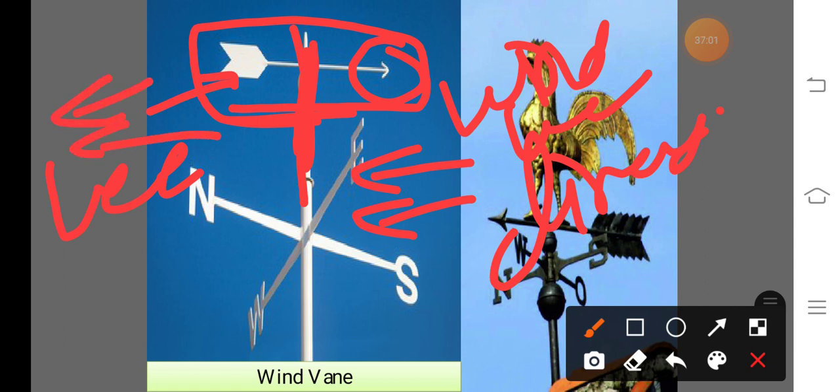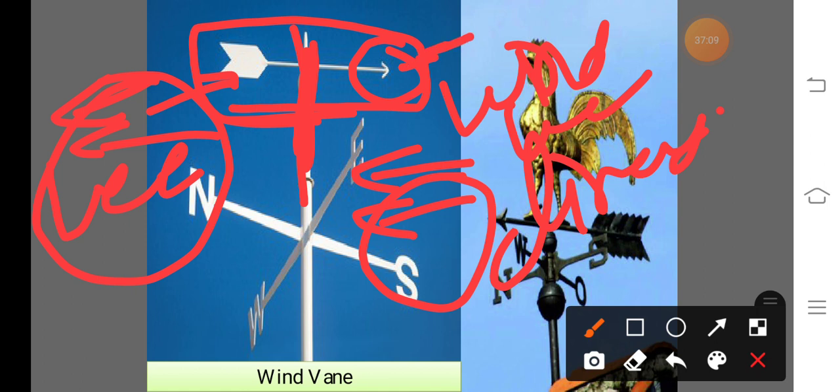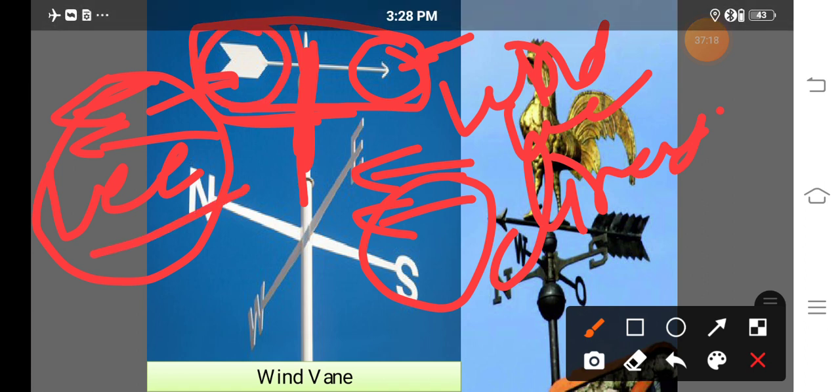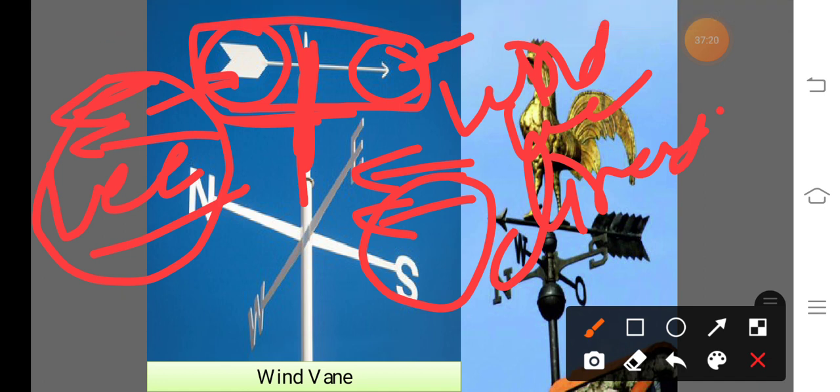That means the south is the windward side, and the north is the leeward side. The arrow indicates the windward side, that means the side from which the wind blows, and the flag indicates the leeward side, the side to which the wind blows. So this is about the wind vane.